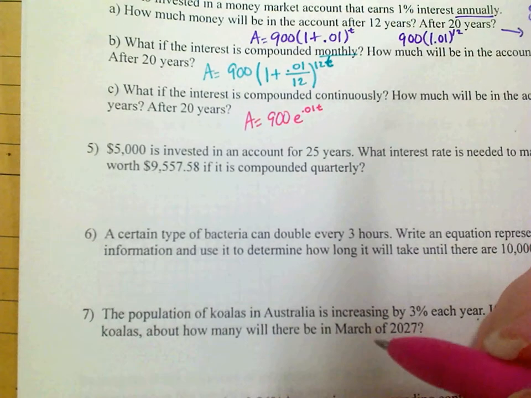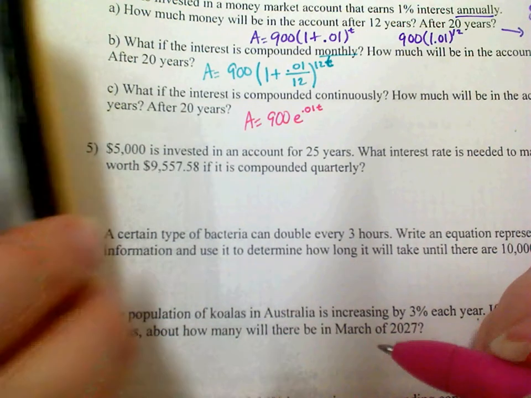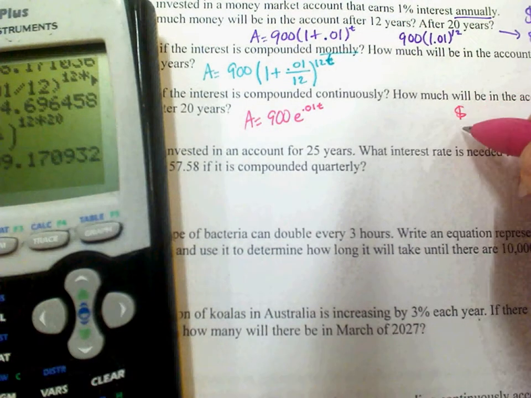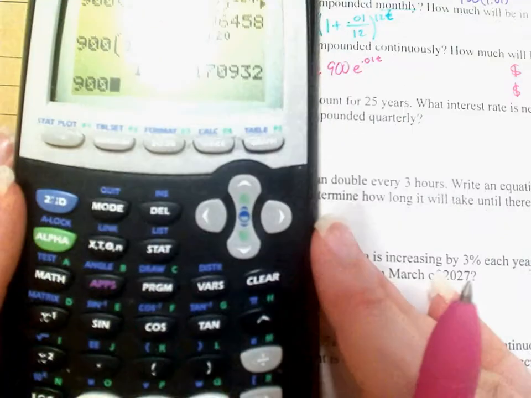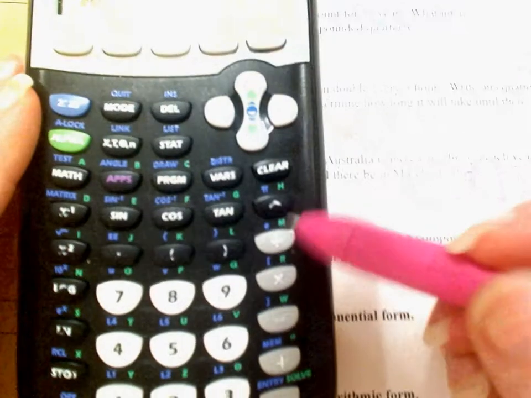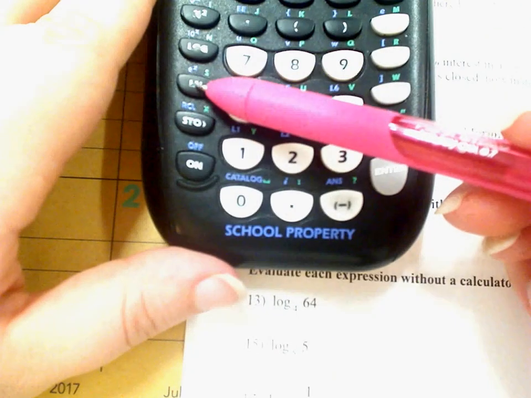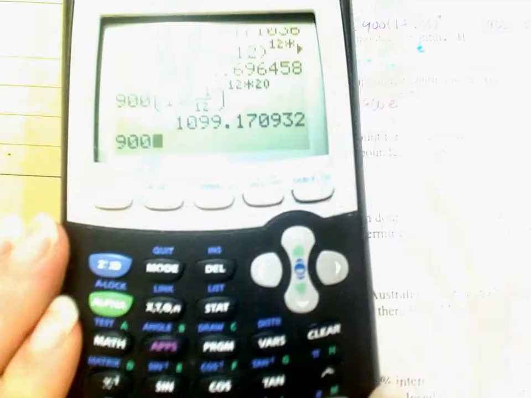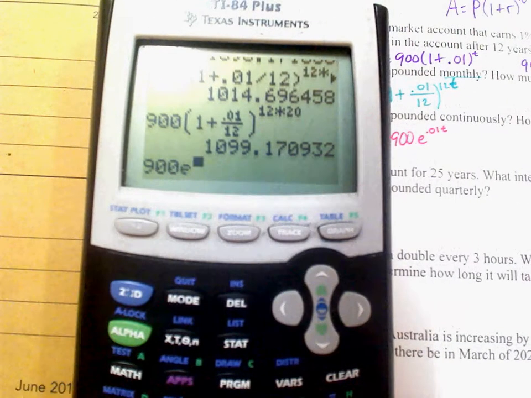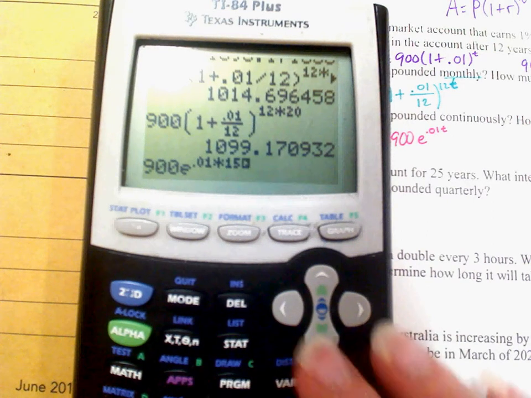And in this case, we want t to be 12 and 20. So 900 e, and e is in two places, above the division symbol and above ln and e to the x. That's the one I always use beside 4. So 900 times e raised to the 0.01 times 15, just kidding, 12.